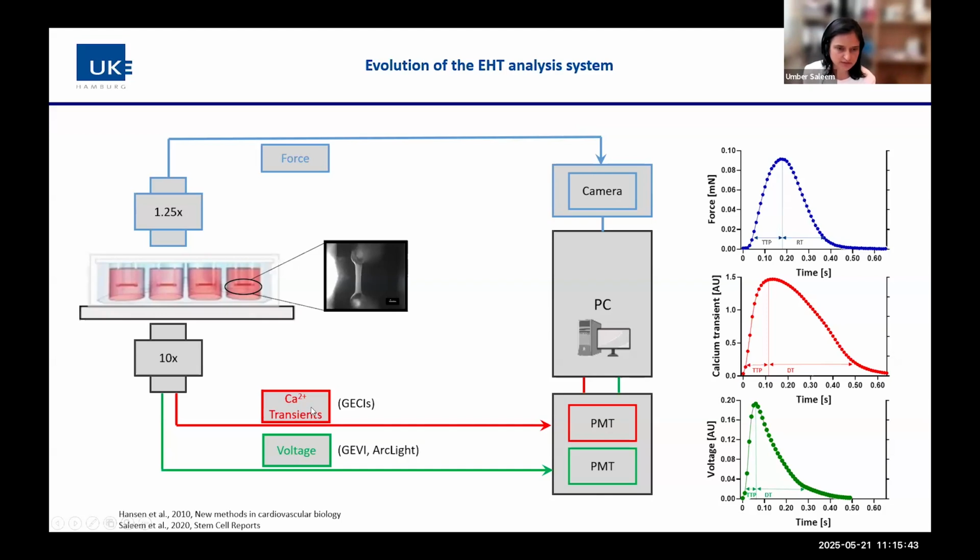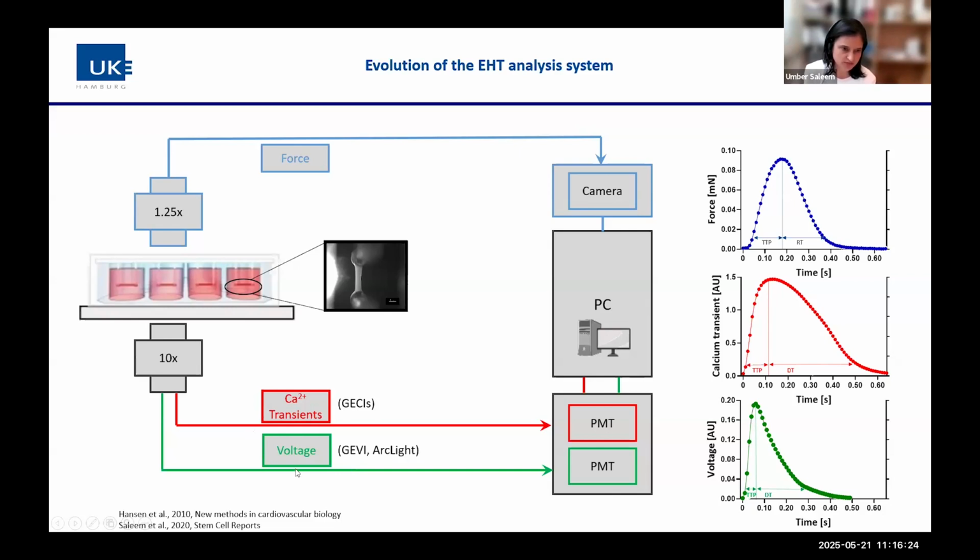And calcium transient we can analyze by virally expressing genetically encoded calcium indicators, and these tissues expressing sensors are excited, and emitted light is converted into electrical signal by using a photomultiplier tube, and these calcium transient peaks are generated, whereby we can analyze peak fluorescence intensity, which is a surrogate for calcium transient, time to peak calcium transient, and decay time.